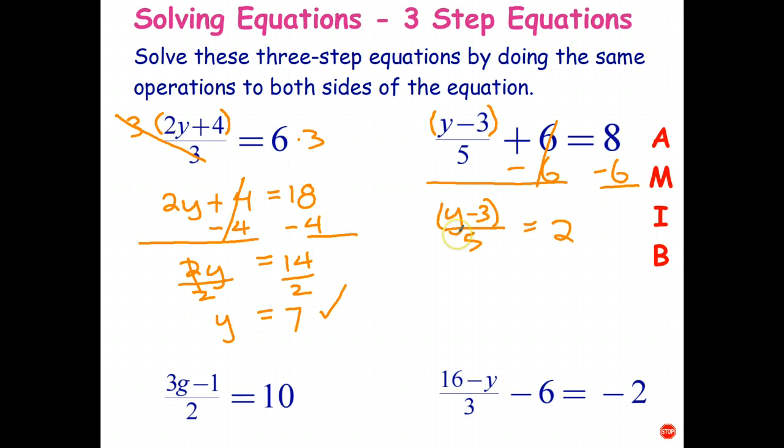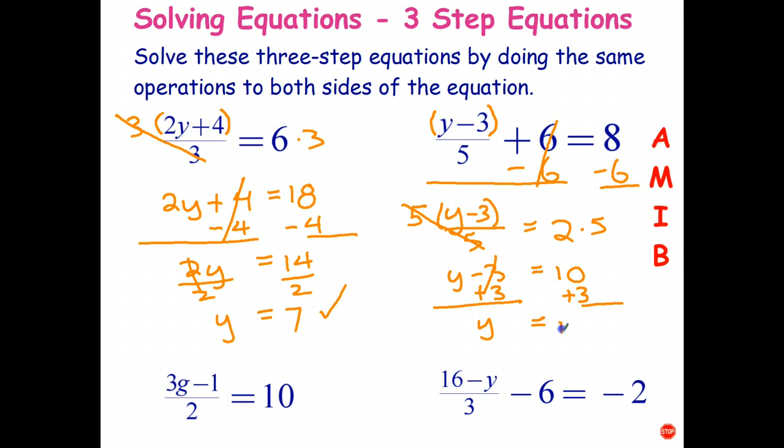And now we're back to an equation that looks similar to the type we did in the last video. So we have to do inside the brackets last. So the first thing I do is multiply both sides by 5. Y take 3 equals 10. Add 3 to both sides.